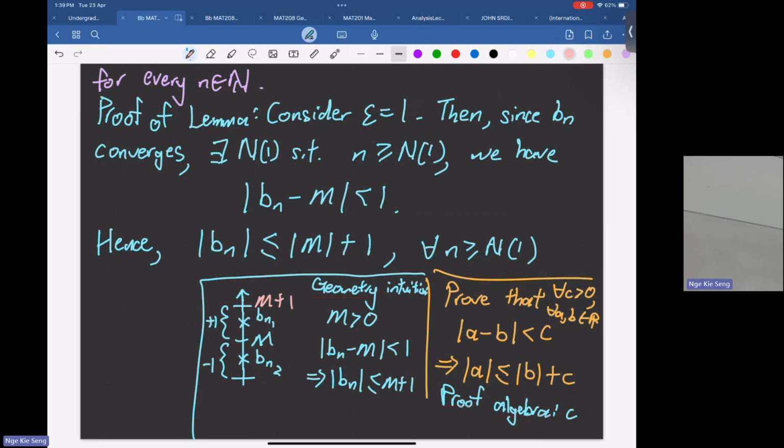Can you guys see it? If you can't see, just ask. So this is the case for m greater than 0. You can try m less than 0, m equals 0, and see what happens there.